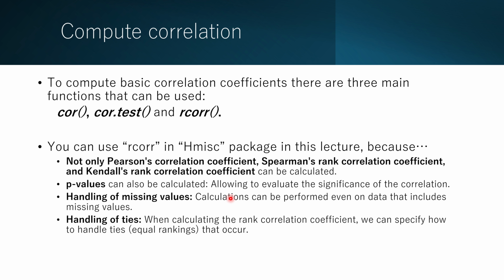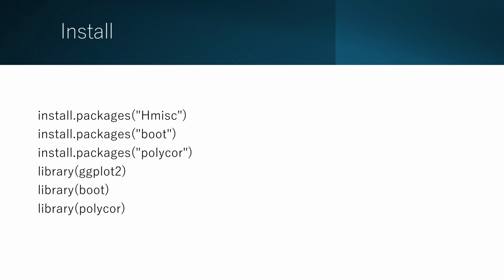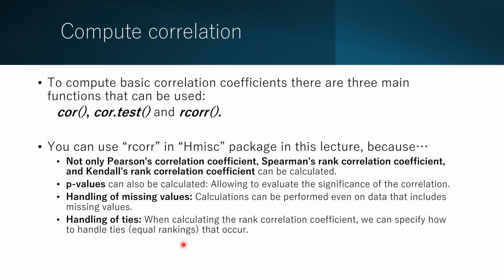The p-value can also be calculated, and handling the dataset is good. So rcorr is very useful today. But in this chapter, we also check cor and maybe cor.test.